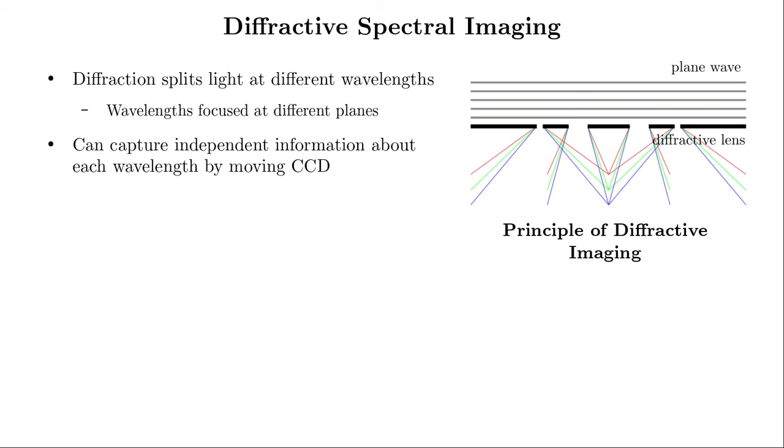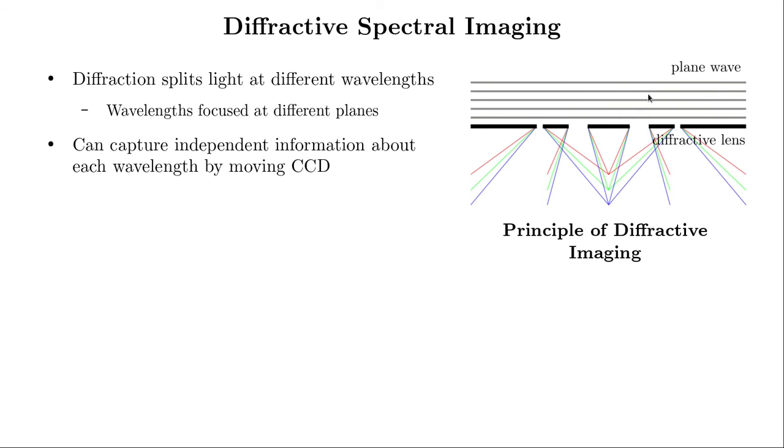So diffractive spectral imaging systems use the principle of diffraction, which is when a polychromatic plane wave enters an aperture, the light is split into different components, and specifically for diffractive lenses, it forms images for different wavelengths at different distances from the lens.